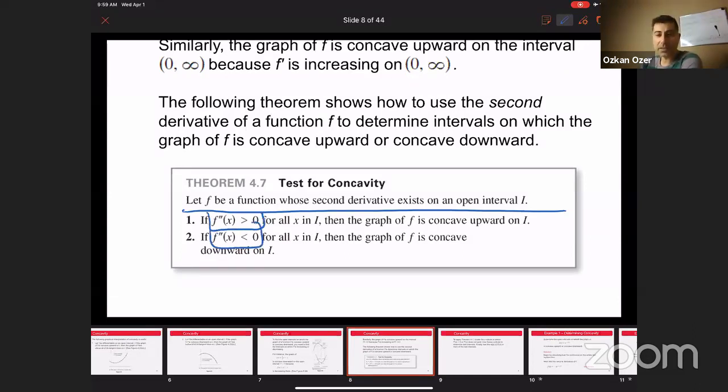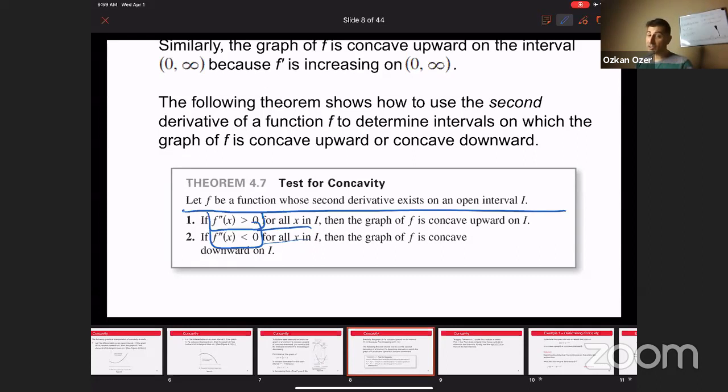If f double prime is positive for all x, then the graph is concave up. Otherwise, if it is negative for all x, then the graph of f is concave downward on the same interval. So again, we're checking the sign of f double prime to determine the concavity of the function.